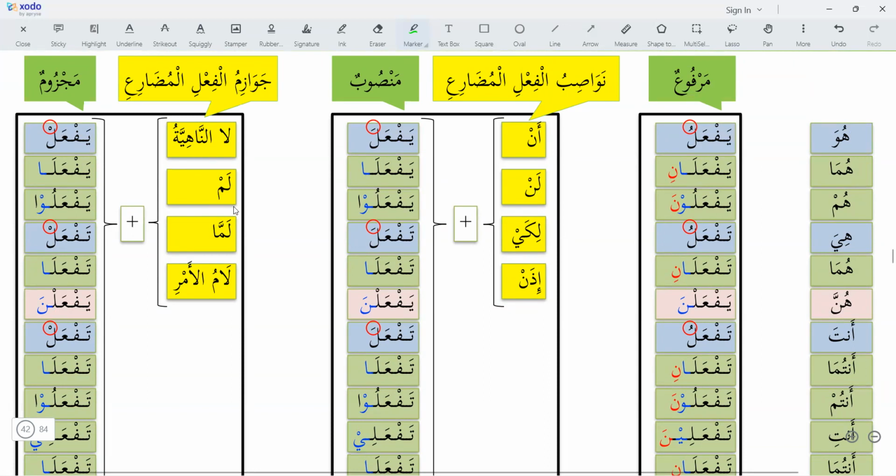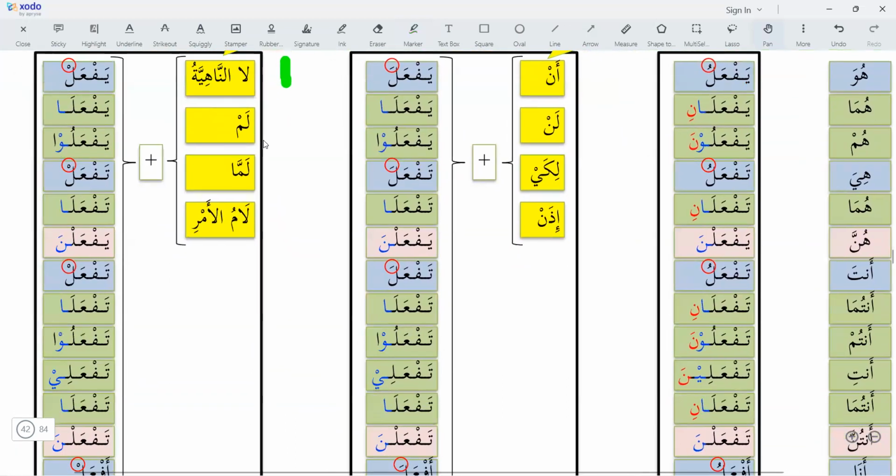Lam yaf'al. You can take any one of these four particles and continue. La yaf'al, la yaf'ala, the noon goes. In marfu there is a noon, and in majzum the noon goes. La yaf'alu, yaf'aluna, the noon goes here.